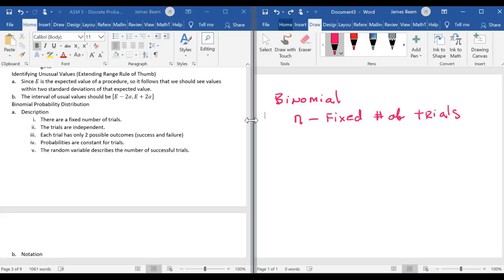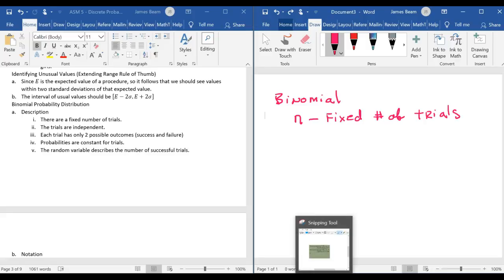And each trial has two possible outcomes. The two outcomes are what we call success and failure. Now, these words are weird, because you can get into odd situations where somebody is trying to figure out the probability that you're going to die today, and actually dying would be the successful outcome. That's a weird thing, but you usually call one of them success and one of them failure.